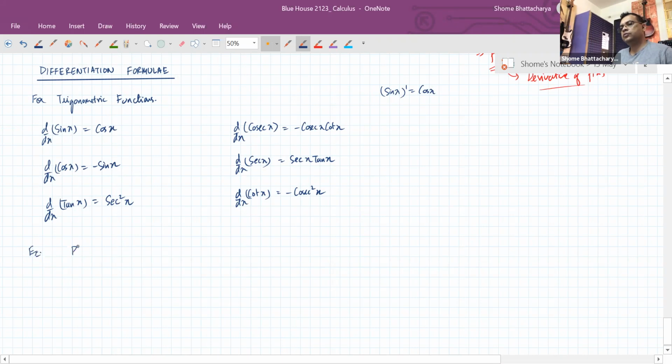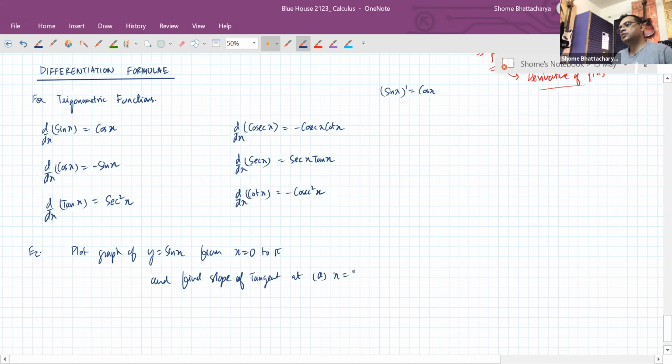If we plot the graph of y equal to sin x from x equal to 0 to pi, and find the slope of tangent at x equal to, let us say, pi by 3 or 60 degrees, and x equal to, let us say, 3 pi by 4 or 135 degrees.